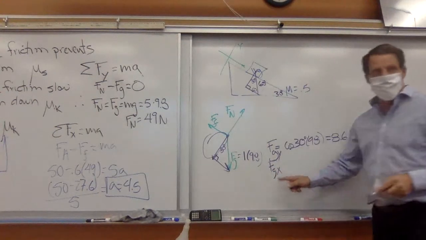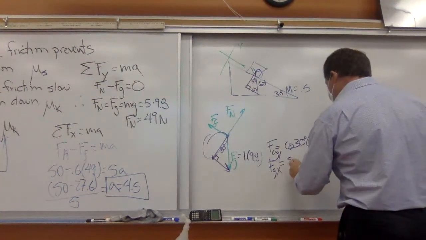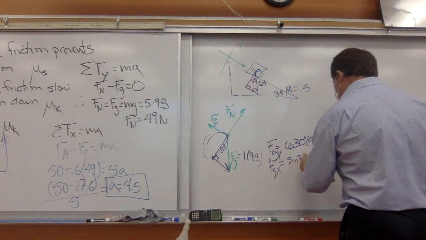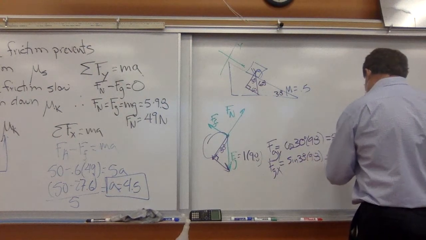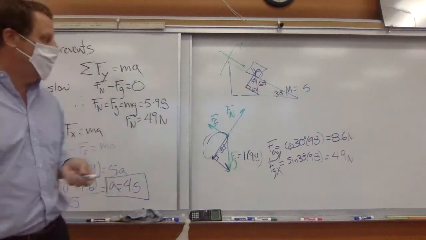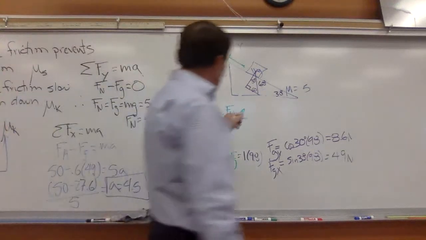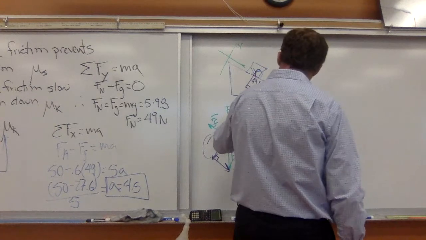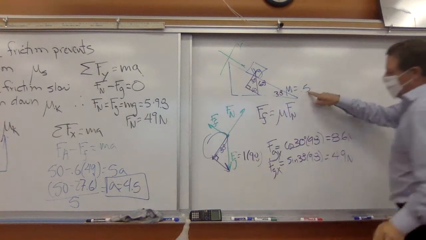And the force of gravity in the x direction, which would be down the ramp, is going to be sine of 30 degrees times 9.8, which is going to be 4.9. Okay, so if that is the case, then the force of friction is equal to mu times the normal force.